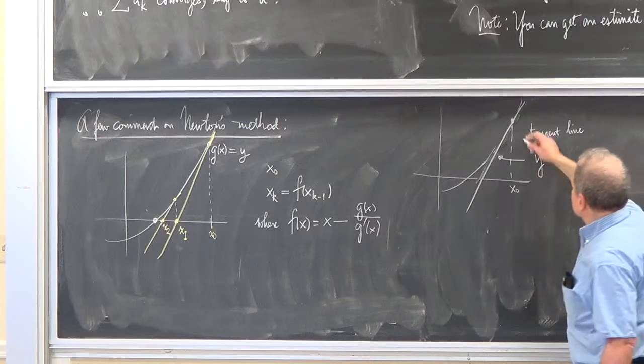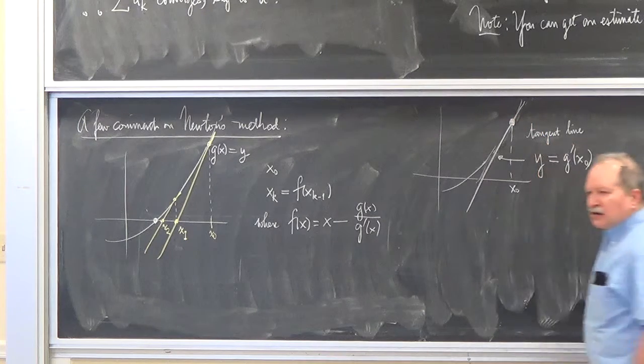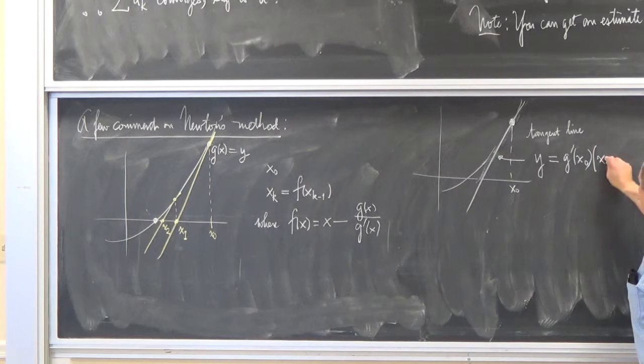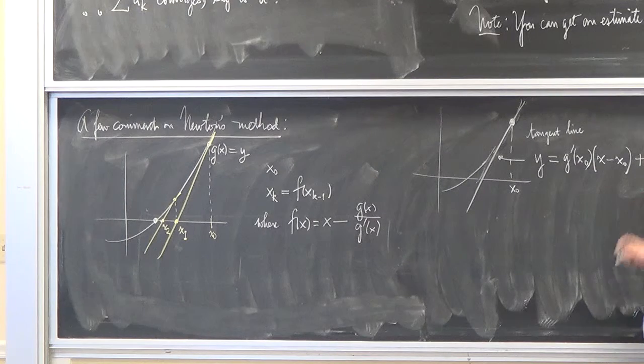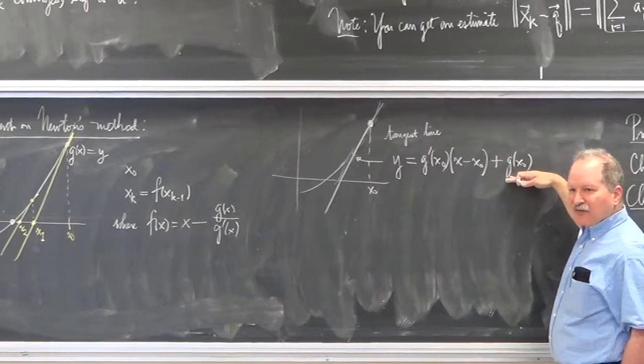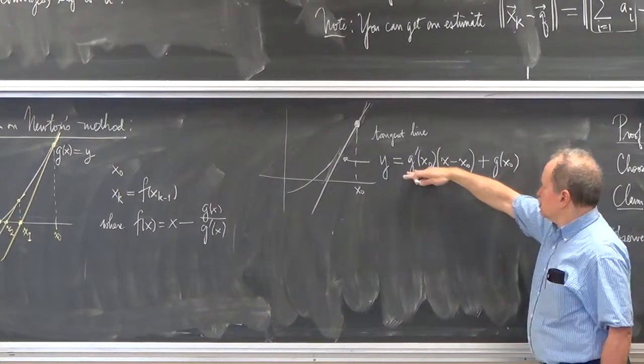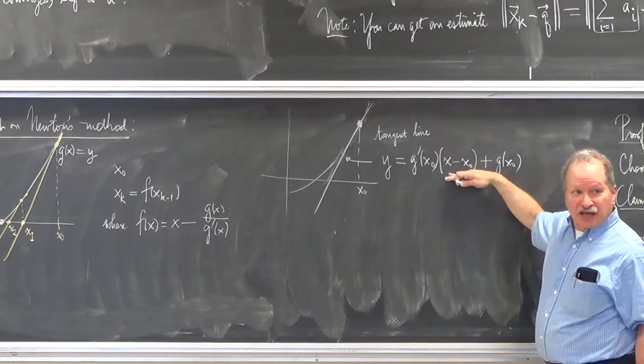Well, what's the slope? If it's the tangent line at x naught, it's g prime of x naught. So the point-slope formula would be y minus the y value, which is g of x naught, equals slope times x minus x naught.